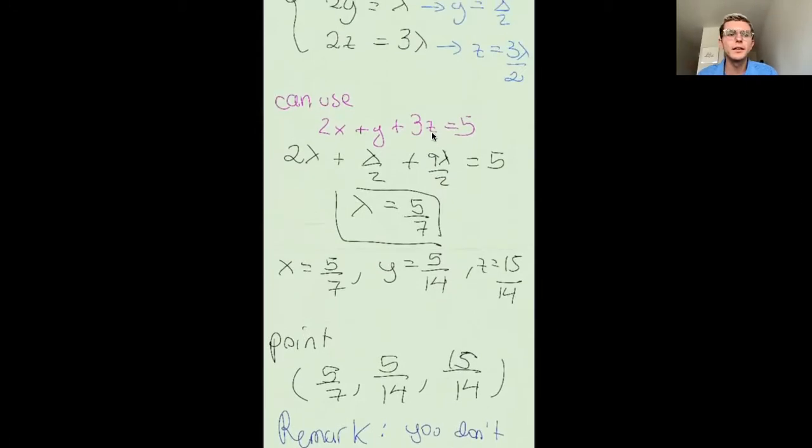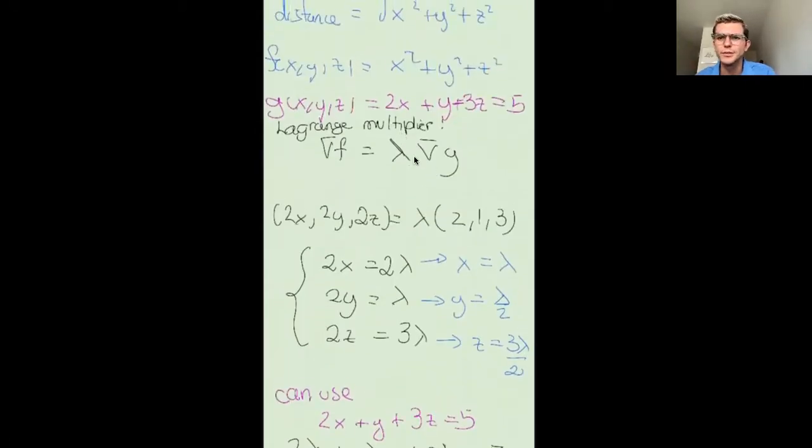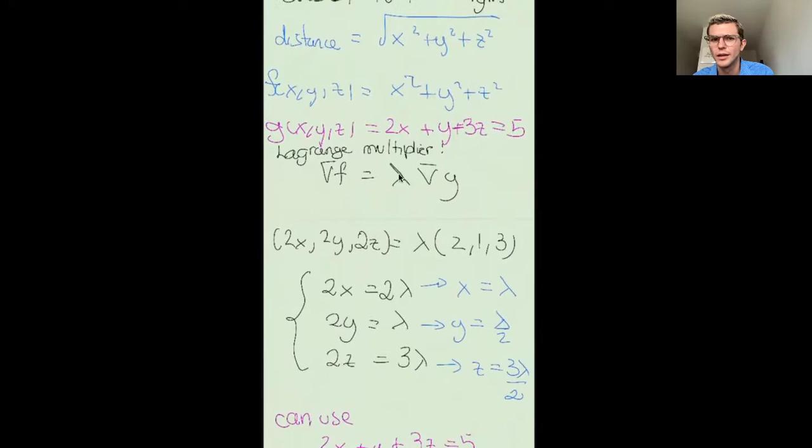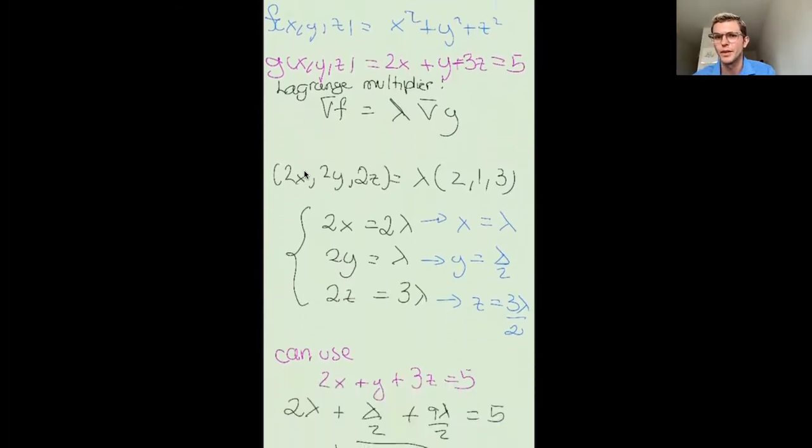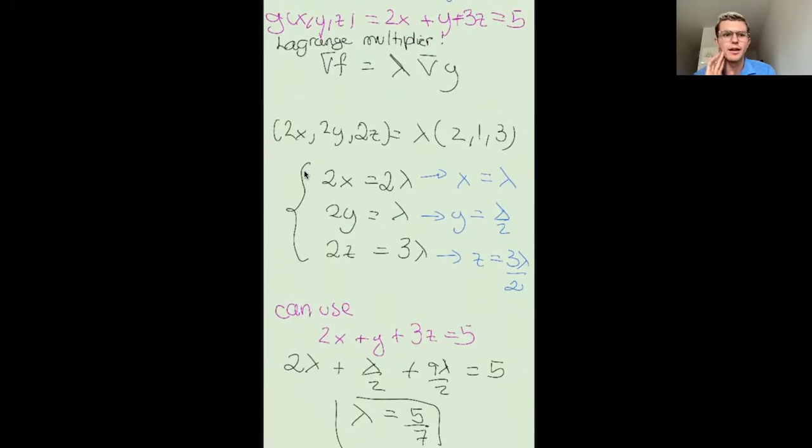Why is lambda next to g, you mean? It's just a historical convention. If you had written lambda times the gradient of f equals the gradient of g, then lambda would be flipped, but that's okay.